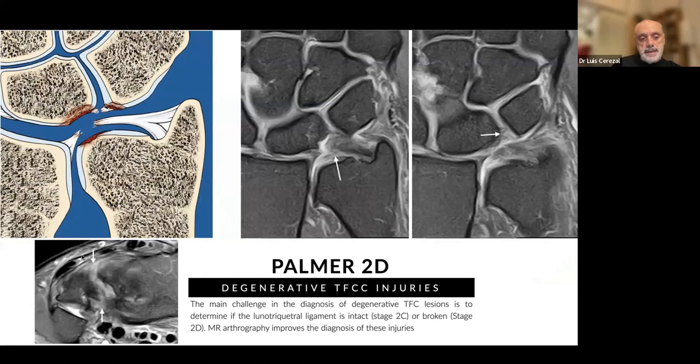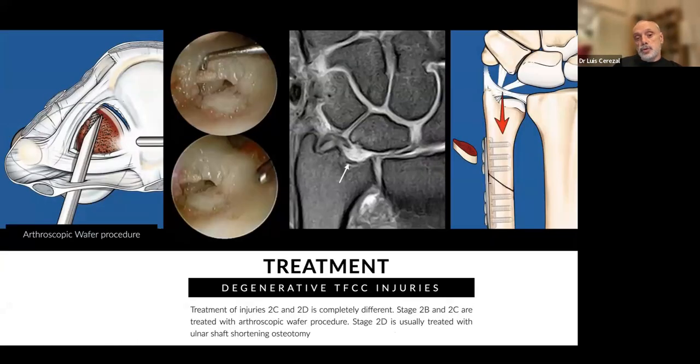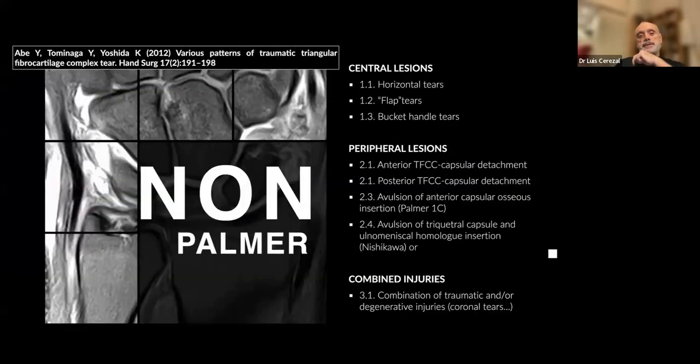For this diagnosis, it is useful to have 3D sequences or axial or oblique images adapted to the lunotriquetral joint. It's important because the treatment usually is completely different: arthroscopic wafer procedure for Palmer class 2C, or other treatments such as ulnar shortening osteotomy for Palmer class 2D.